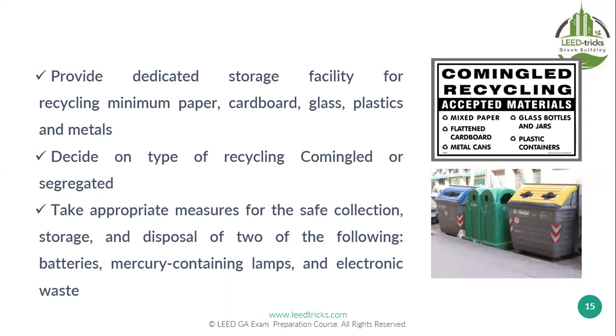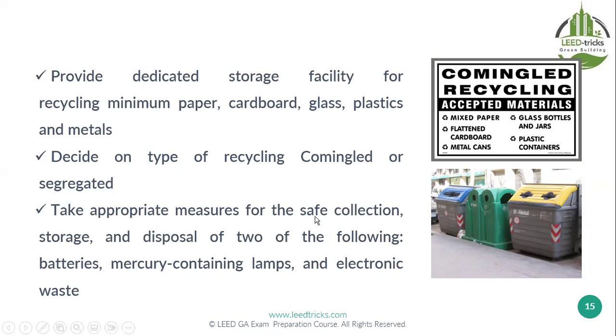But even though they put inorganic waste or recyclables all together, if you want to take the LEED points you still need to put these boxes, three boxes or five boxes. These are the waste streams to be recycled to get points. If you want only the prerequisite, that's fine. So you need to decide whether it is commingled or segregated. If commingled, you will not get the points.